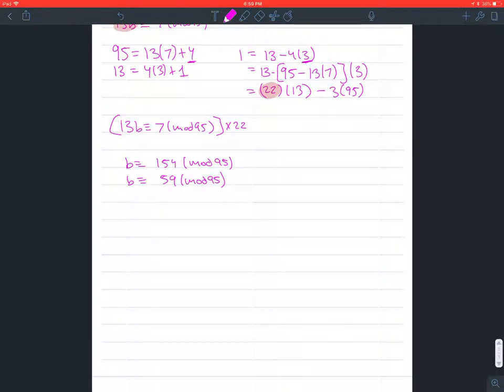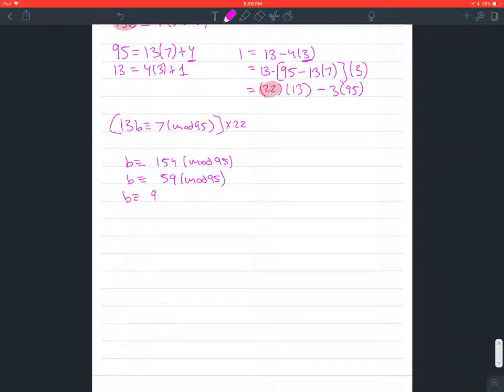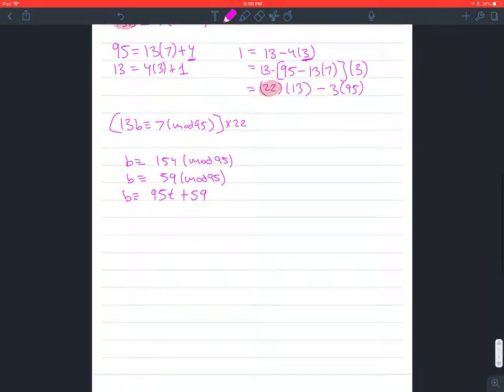So now we can rewrite this as b is congruent to, let's just say 95t plus 59.